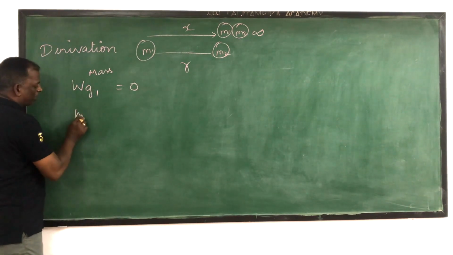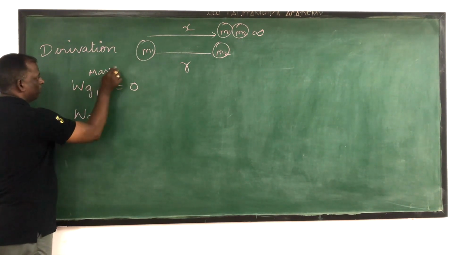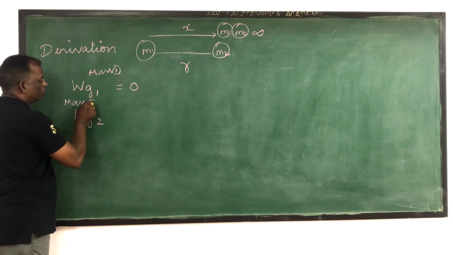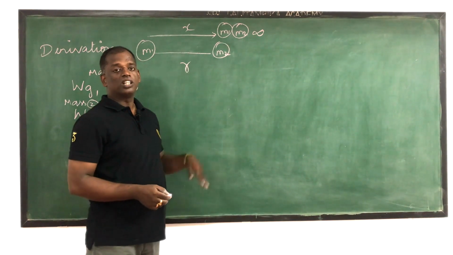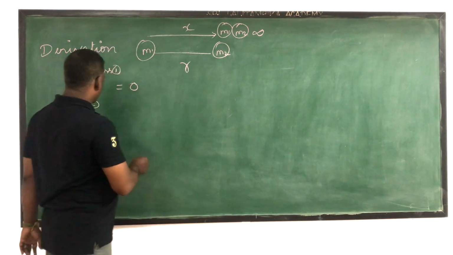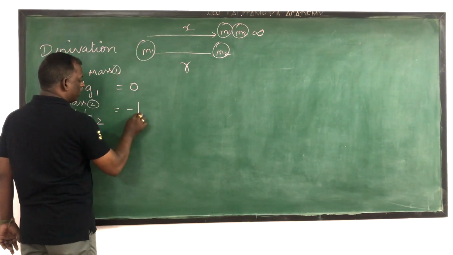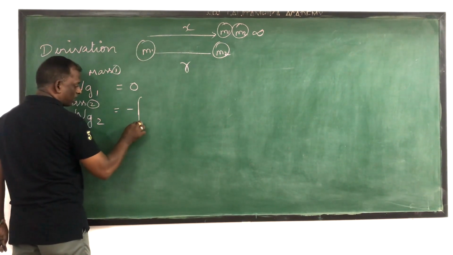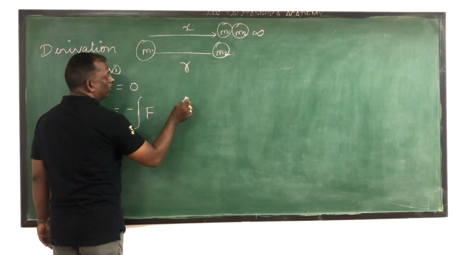So what will be the work done in bringing the mass 2? This is mass 1. This is mass 2. So these two masses are separated by distance. That is, ஒரு infinity தூரத்துல இருந்து இந்த mass கொண்டு வரணும். So the formula is force F, integration of work, நமக்கு தெரியும்.